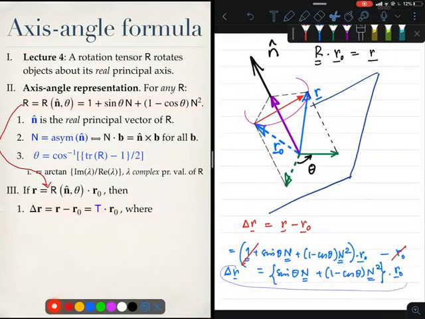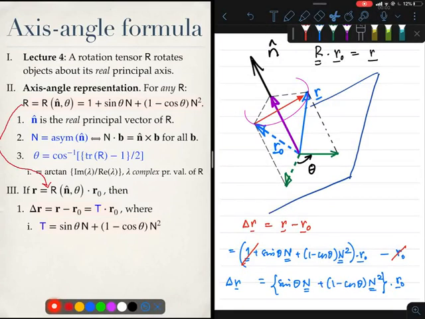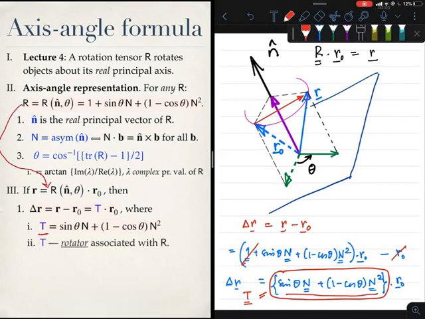So that's delta R, and that's this formula. This tensor over here is called T. That is given by this formula which I have just derived for you. And this T is called a rotator. It's a rotator associated with the rotation tensor capital R.